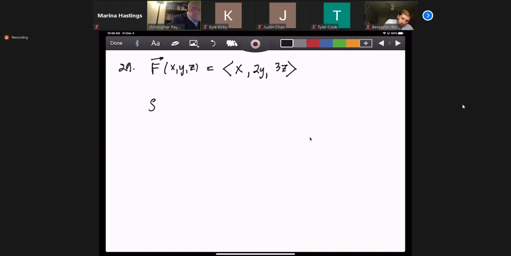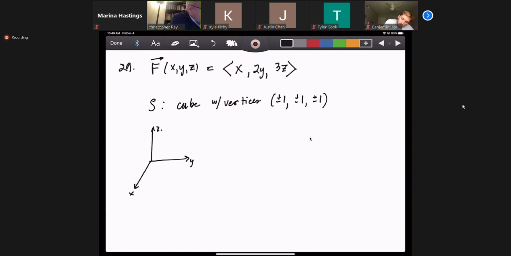And our surface S is the cube with vertices either plus or minus 1, plus or minus 1, plus or minus 1. Okay, so the cube is centered at the origin, and it goes out to plus or minus 1 in the y direction, plus or minus 1 in the x direction, plus or minus 1 in the z direction.